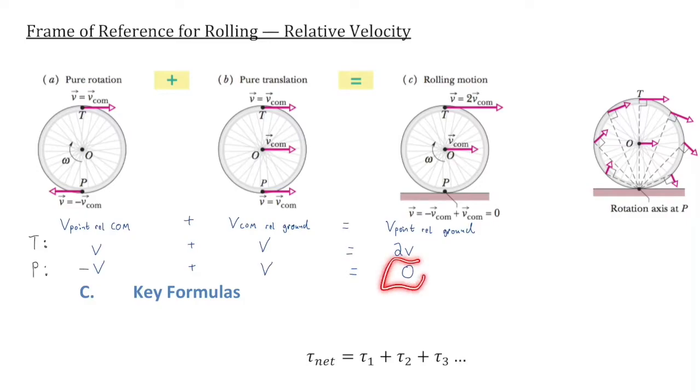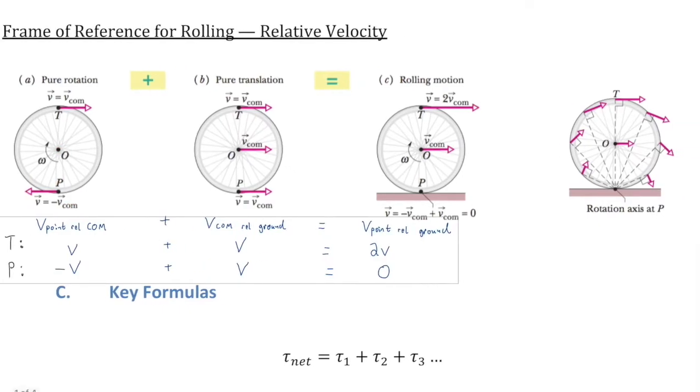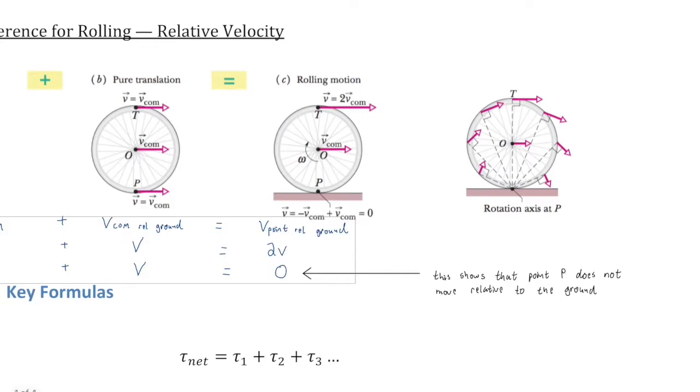It would be at rest relative to the ground. All right? That's rolling motion. And that's not to make it confusing. That's just explaining what it is. And by the way, we're not saying that P isn't moving relative to something. It's moving at a magnitude of v relative to the center. It's still moving. It's just not moving relative to the ground. So there we see that point P does not move relative to the ground.